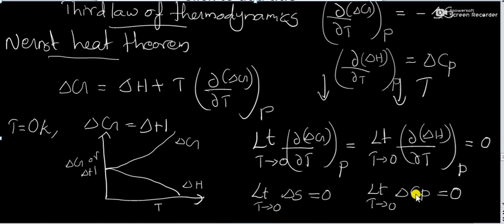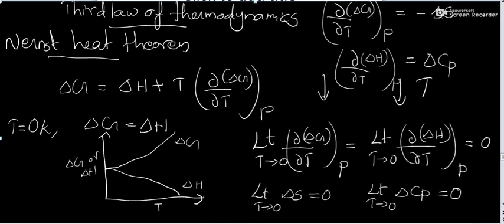When we apply these two equations to a chemical process, this means that the products and reactants have same heat capacities at 0 Kelvin. That is, we know that delta Cp equal to Cp of products minus Cp of reactants. That is, all the substances have same heat capacity at 0 Kelvin.